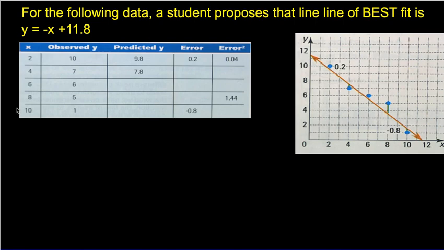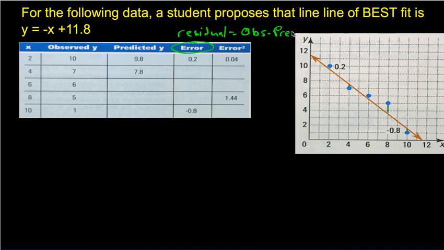So the data table is right here, and what we need to do is figure out basically which line has the least amount of error in it. So we're going to calculate some residuals, and a residual or an error, those terms are interchangeable here. Residual is always, I remember this as alphabetical order, observed minus the predicted.